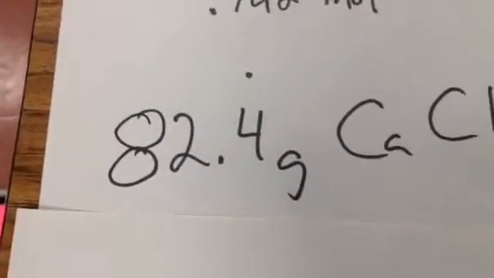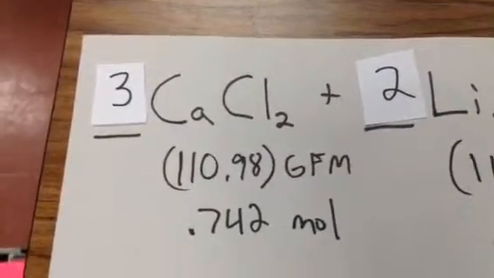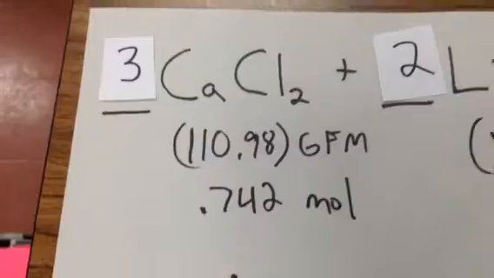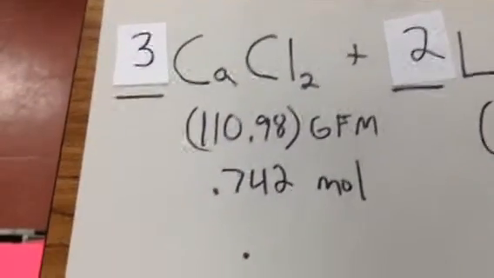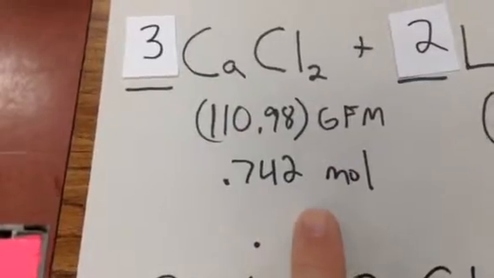So they gave us 82.4 grams. I took 82.4 grams and divided that by 110.98, which is the GFM, and that's on our conversion chart, but you should know that by now. And that gave me 0.742 moles.